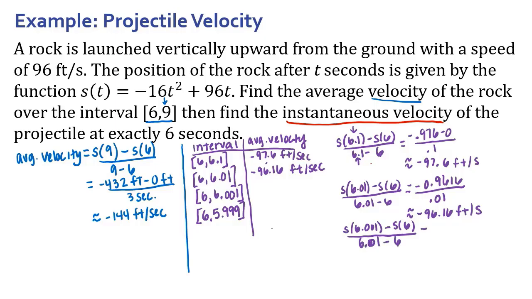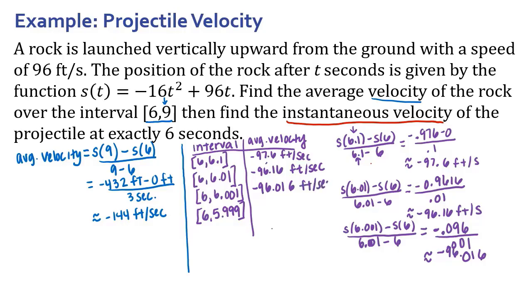All right, so when I do that, I'm going to get negative 0.096 all over 0.01001, which is about negative 96.016 feet per second.